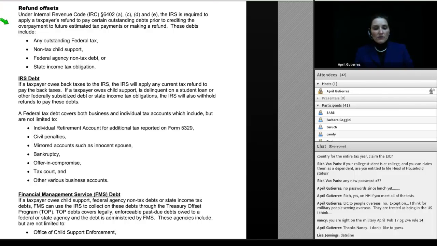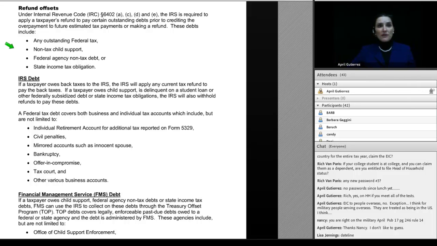So let's look first at what goes on with an offset. Offsets happen when your client owes the government money. They also happen in certain situations with delinquent child support and delinquent student loans, and when they owe the state money. So indirectly, I have a parking ticket from the state of Oregon from 20 years ago.